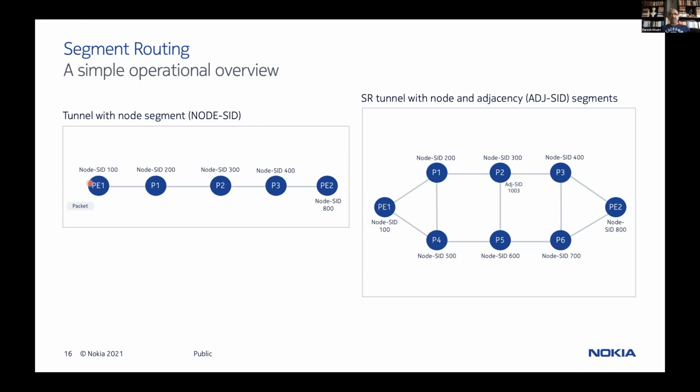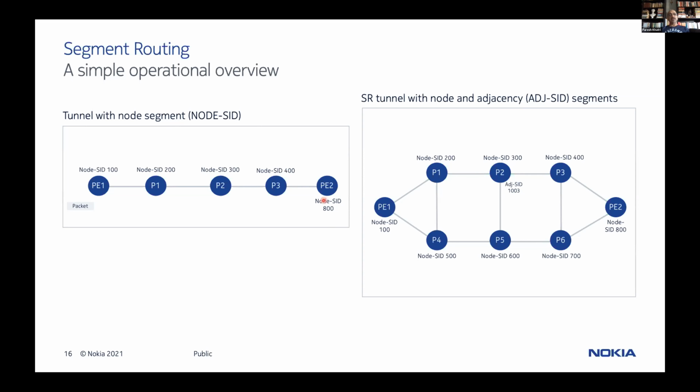Now, a difference in segment routing compared to MPLS, LDP, and RSVP-TE is that this segment ID in the form of an MPLS label is globally significant. So all of the routers in the network will recognize that 800 actually belongs to PE2.